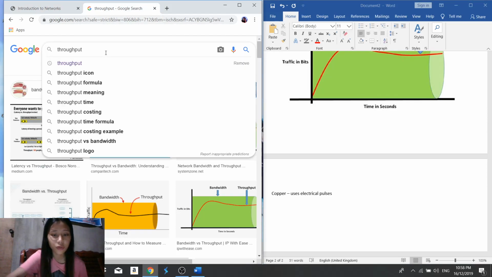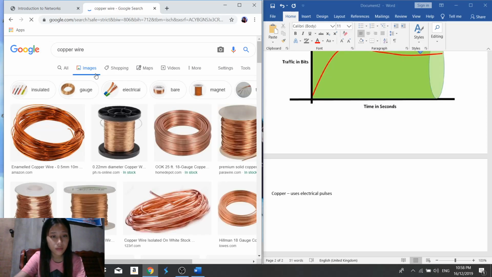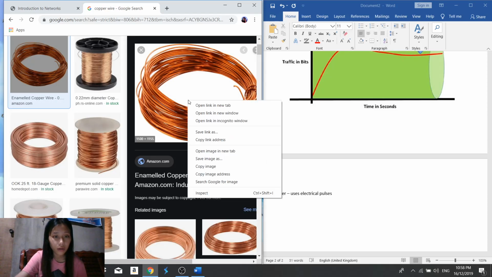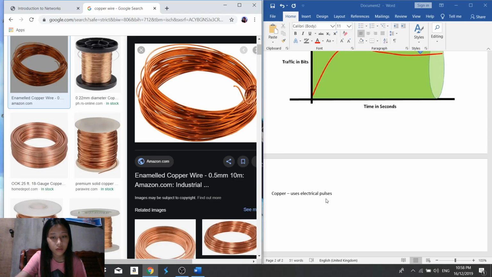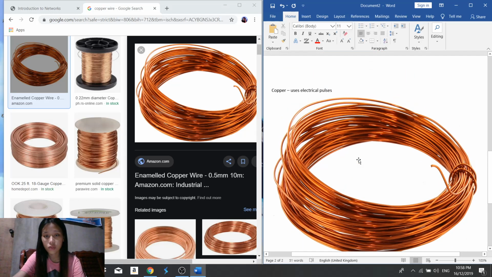So let's search for copper. As you can see, this is the copper wire, which uses the electrical pulses.